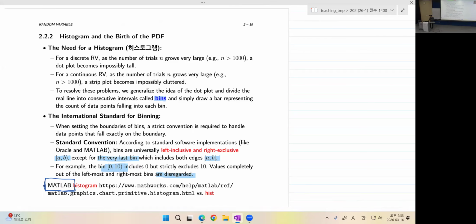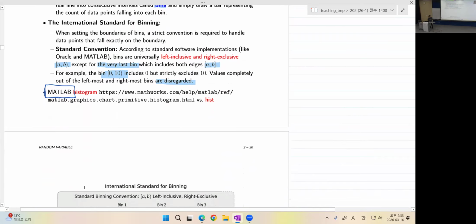The problem is that MATLAB long ago had a strange function called hist. And now it has histogram. As an early adopter of MATLAB, because I used it from my graduate study in 1995, 30 years ago, at that time MATLAB had hist, so I used it for a long time.